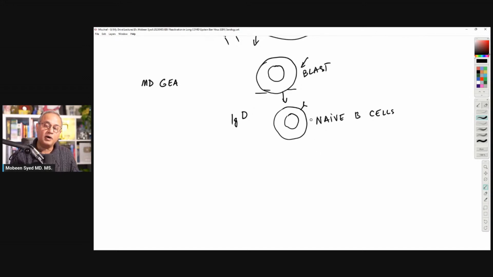When it becomes bound to some antigen, when it finds its target, when it finds its enemy, then it also starts producing IgM. I remember IgM as many. And the reason for that is that IgM is actually, of course, it has two binding sites.